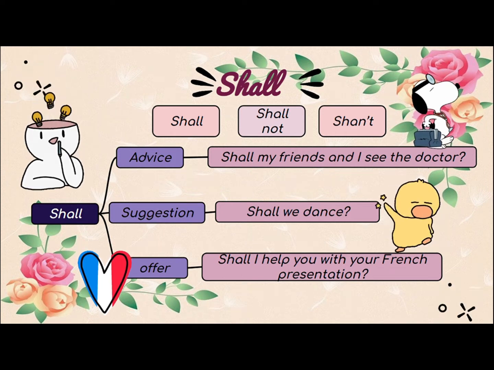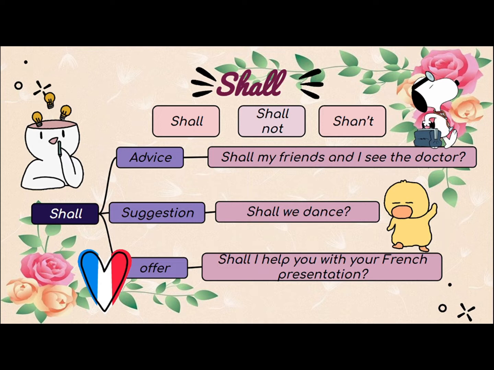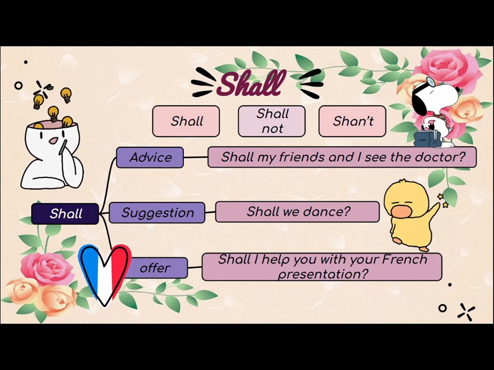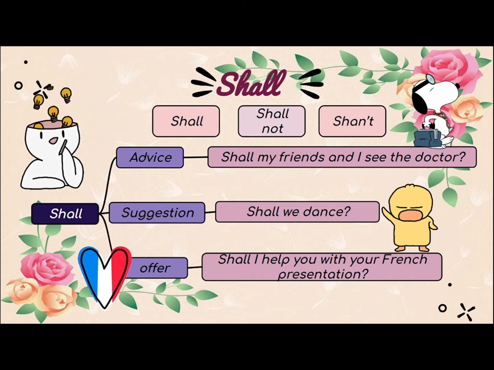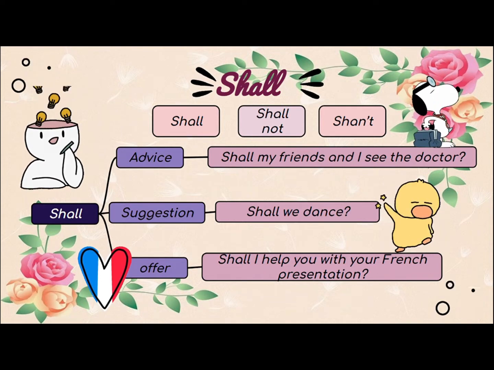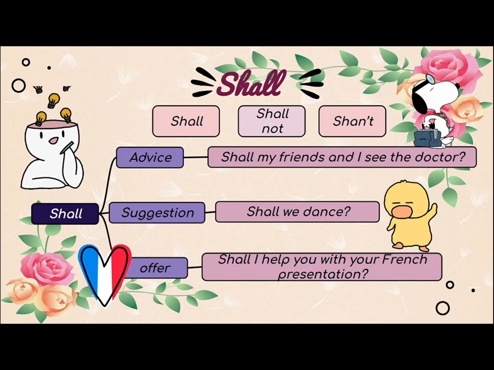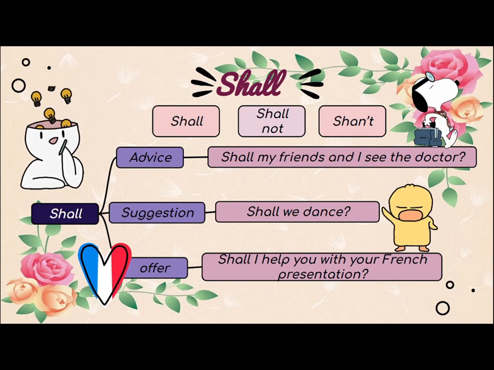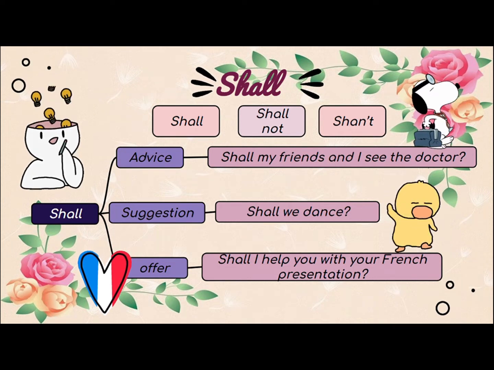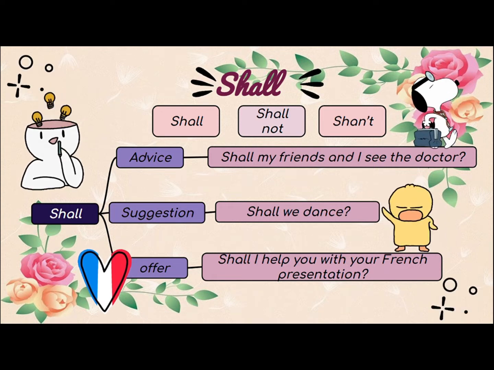We can also use this modal verb to express an offer. For example, shall I help you with your French presentation? An important thing in this modal verb is we usually use this with the first person singular I and the first person plural we.